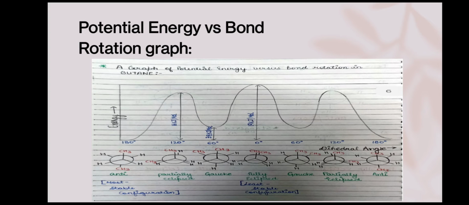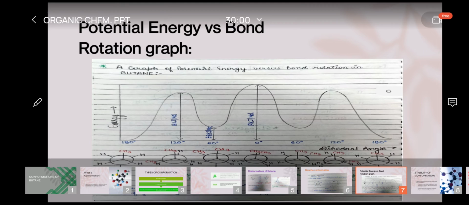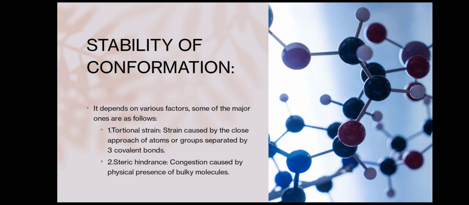So this is the sequence. The conclusion drawn here is that the anti conformation is the most stable, because it has the least energy. The next is the partially eclipsed, followed by the gauche conformation, and the least stable of them all is the fully eclipsed butane conformation.